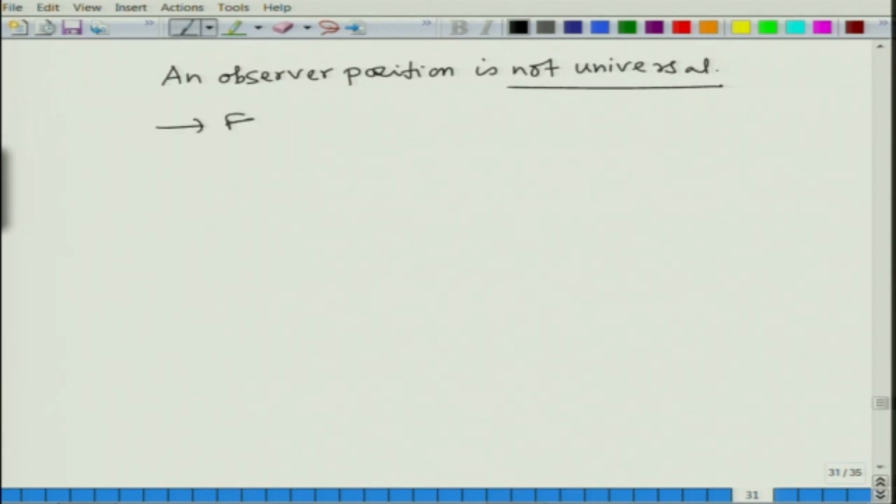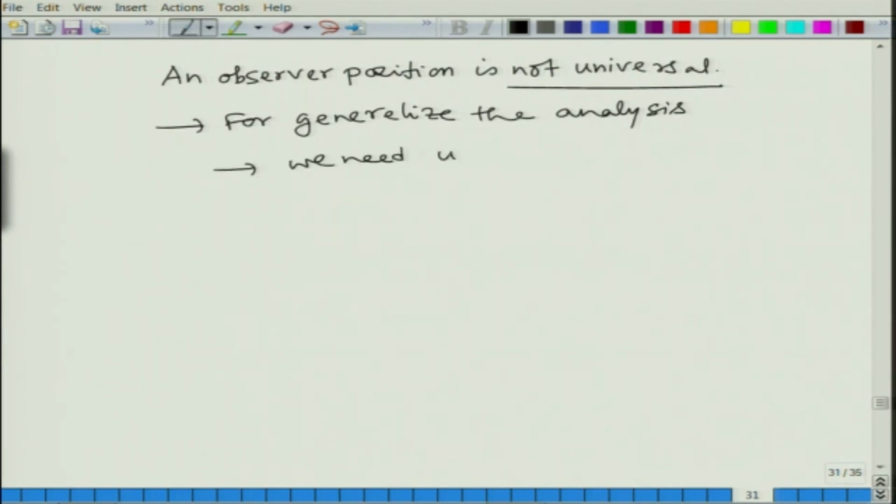So, for generality, whatever analysis we do has to be general, applicable to any location on the earth. So, to generalize the analysis, we need a universal reference frame.